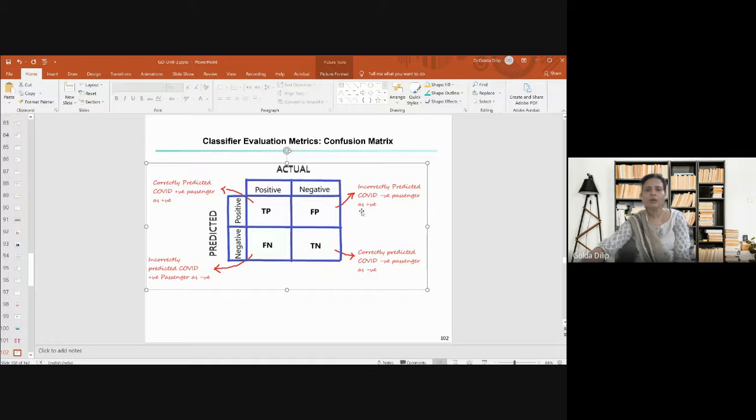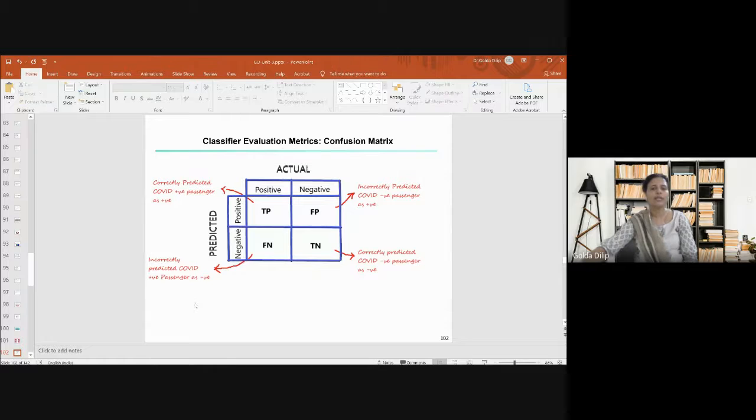Then we have false positive, which means incorrectly predicting a negative passenger as positive, whereas false negative is incorrectly predicting a positive passenger as negative. So these are the four outcomes.